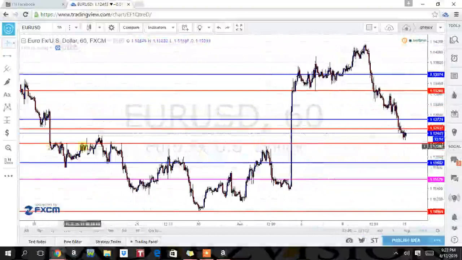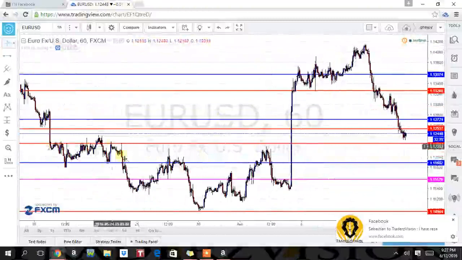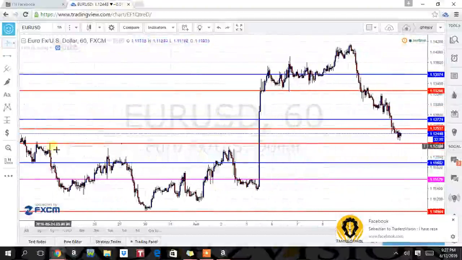Look at that. Look how prices held. Boom. Prices held here, pushed it down. Made that nasty wick right here. As soon as you see this, I would have shorted this.